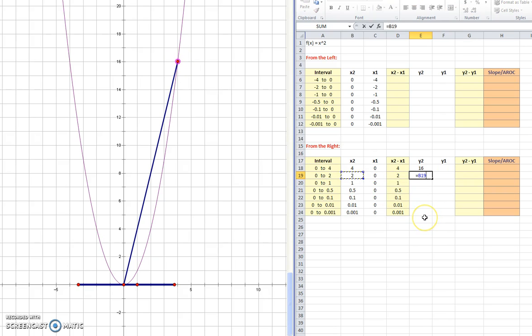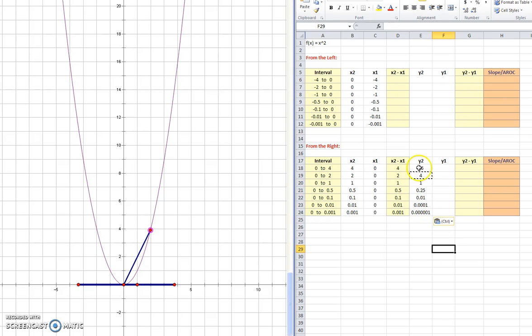Equals your x value squared. 2 squared is 4, and that makes sense because if I go down to an x value of 2, I get a y value of 4. Now that you get it, I'm just going to copy and paste. Those are all for my x2 column, and I'm going to do the same for my x1 column. If I want y1, I have to take my x1 and square it.